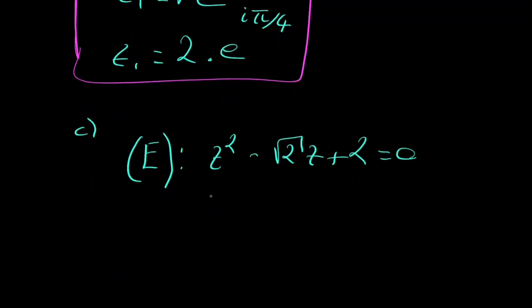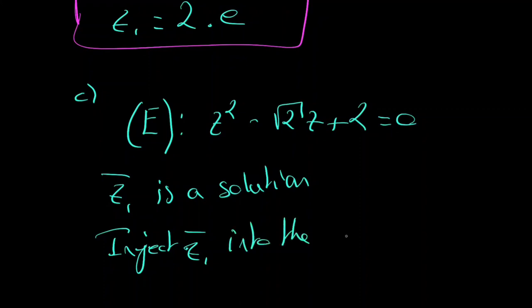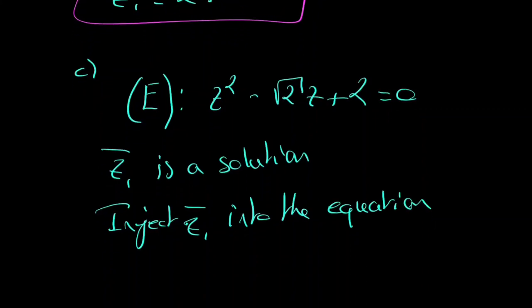So now we want to know if z1 conjugate is a solution. How do we know? We're just going to inject it into the equation, replacing z by z1 conjugate.